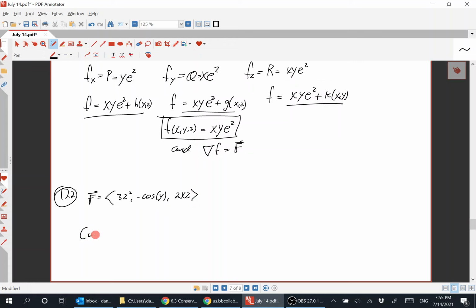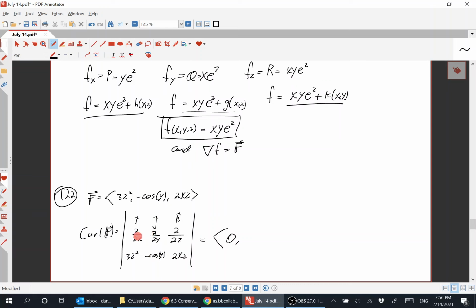So the curl of f is the determinant with i, j, k, partial with respect to x, partial with respect to y, partial with respect to z, and the components 3z squared minus cosine y, 2xz. First, this derivative with respect to y is 0, this derivative with respect to z is 0, so that's 0 minus 0.